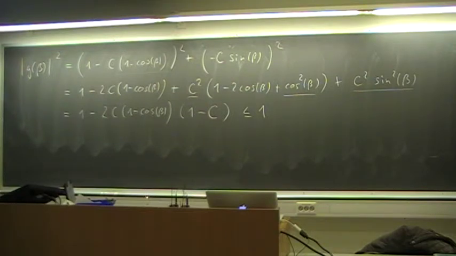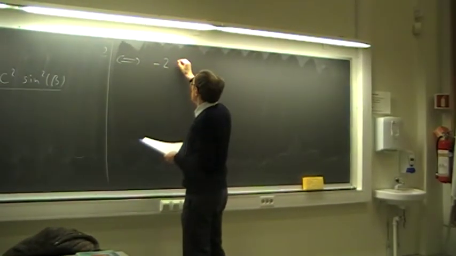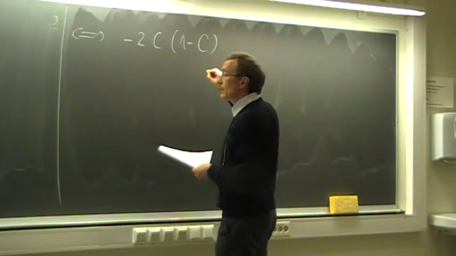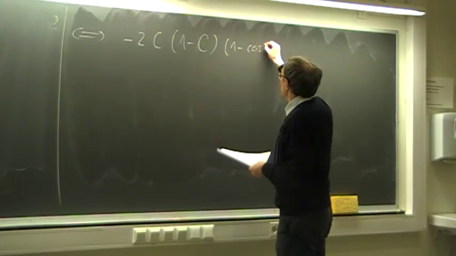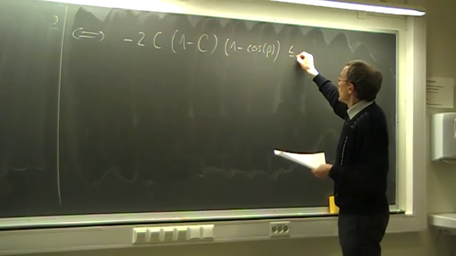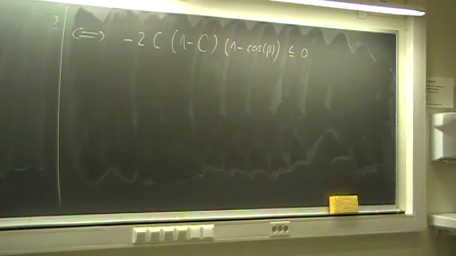So the stability condition, the amplification factor squared in absolute value smaller or equal than 1, is then equivalent to saying minus 2c, now we write the 1 minus c directly behind, times 1 minus cosine of beta is smaller or equal than 0, if we subtract 1 on both sides of this inequality.